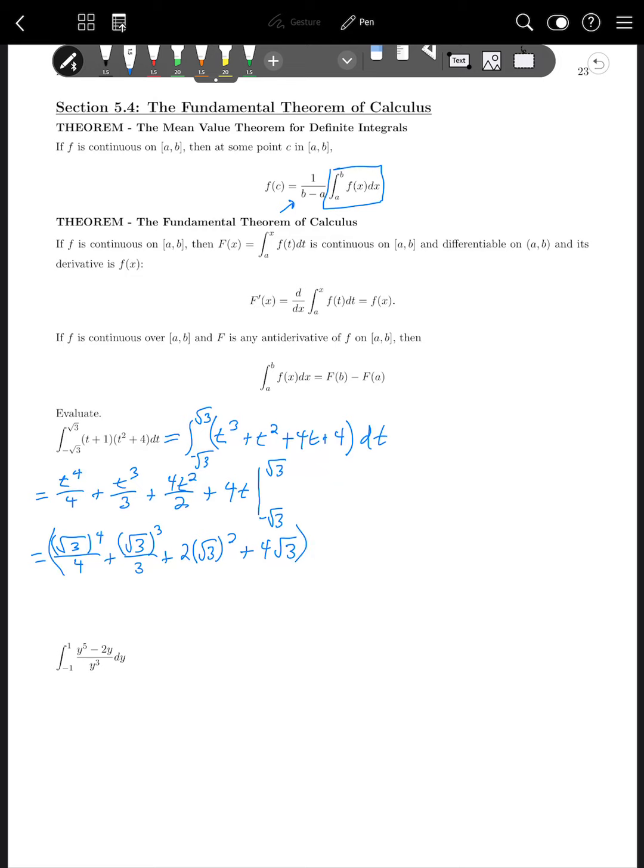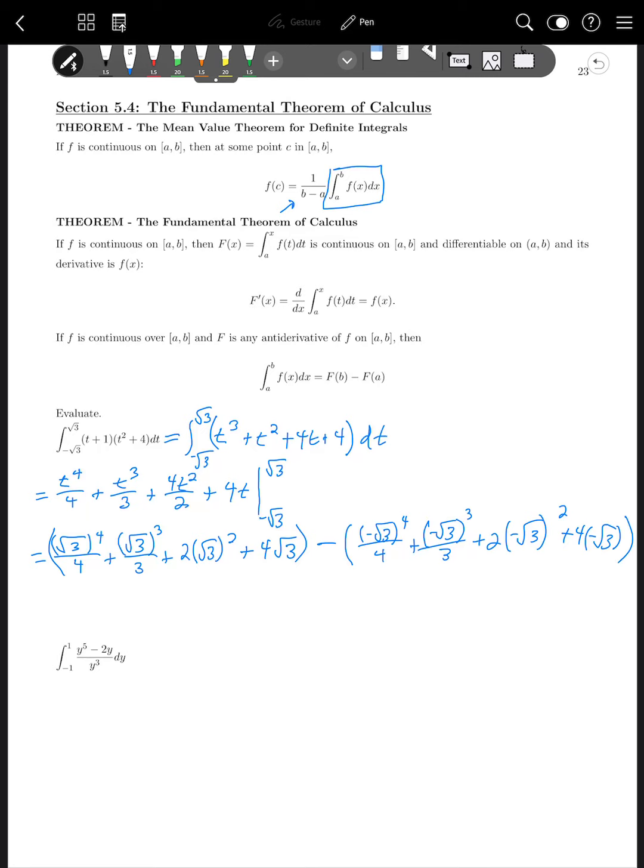So that's capital F, the antiderivative at b, minus the antiderivative at a. So that's going to be the negative square root of 3 to the 4th over 4 plus the negative square root of 3 cubed over 3 plus 2 times the negative square root of 3 squared plus 4 times the negative square root of 3.